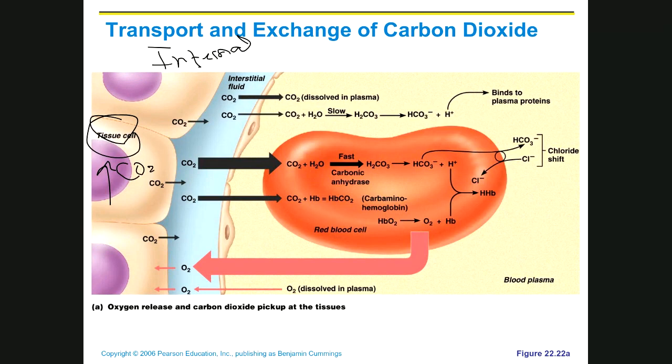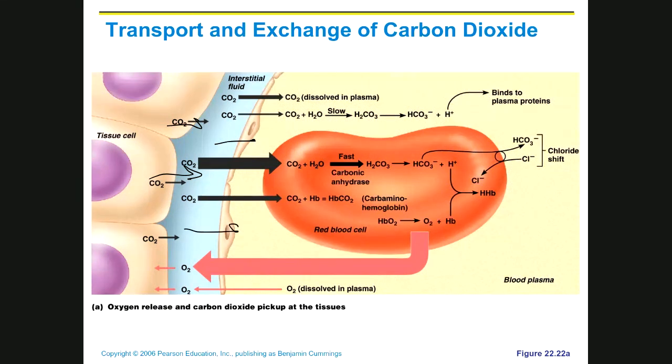Remember, the partial pressure of carbon dioxide here is 45. The partial pressure of carbon dioxide in here in the blood is only 40. So look, the gradient is this way, 45 to 40. So what's going to happen is carbon dioxide is going to leave the cell and enter the blood.